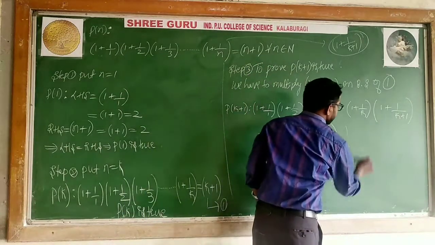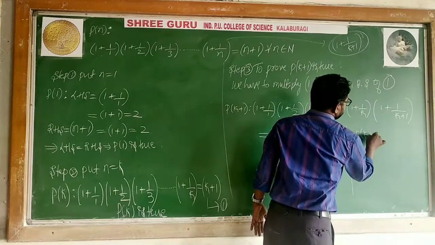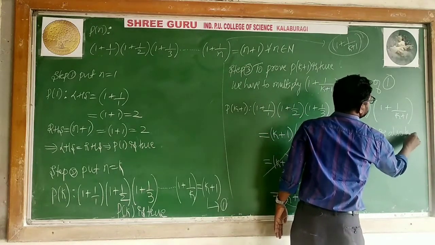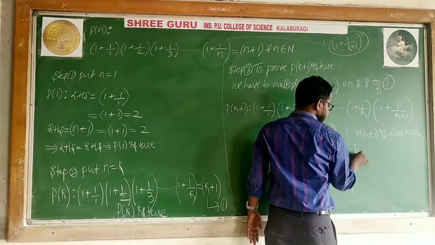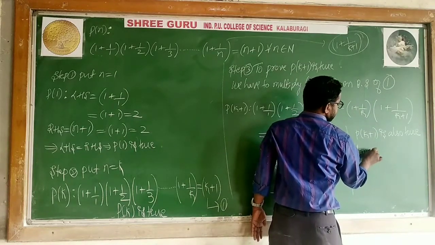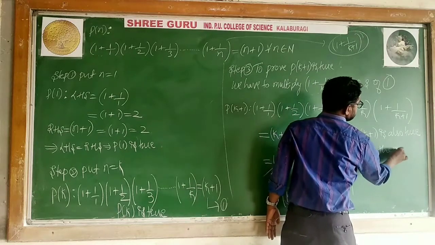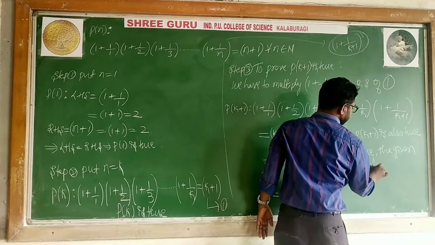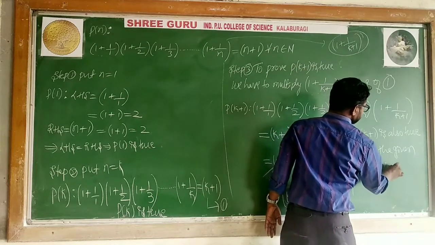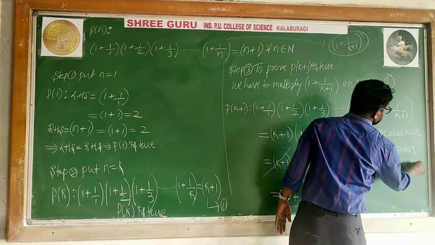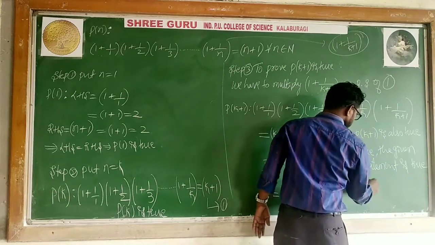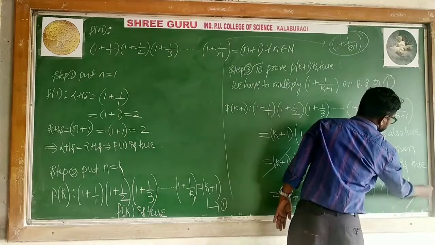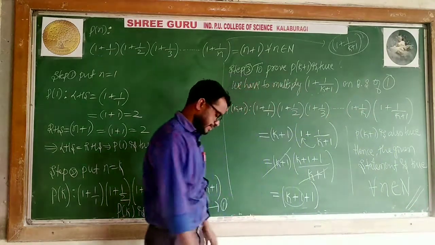You can say P of k, if k plus 1 is also true, means that I can say, hence the given statement is true for all n belongs to capital N, means for all natural numbers.